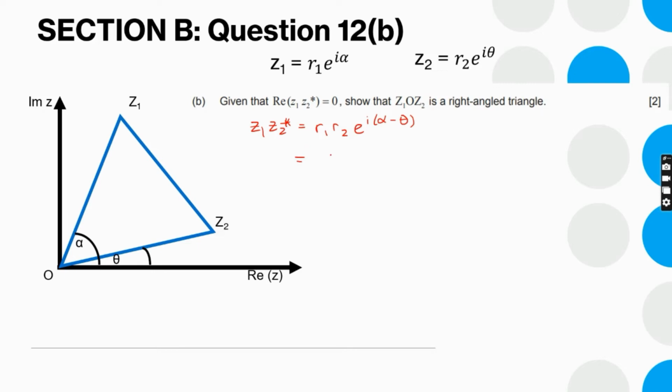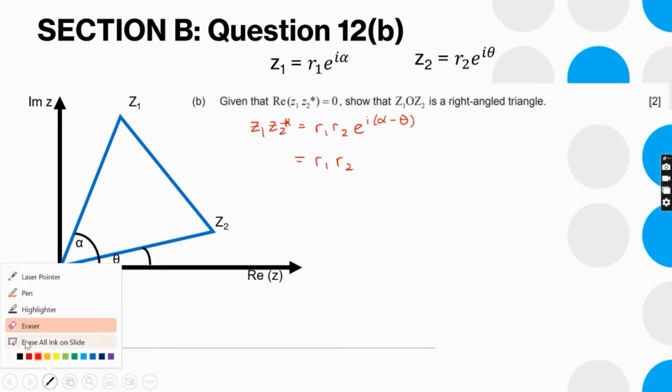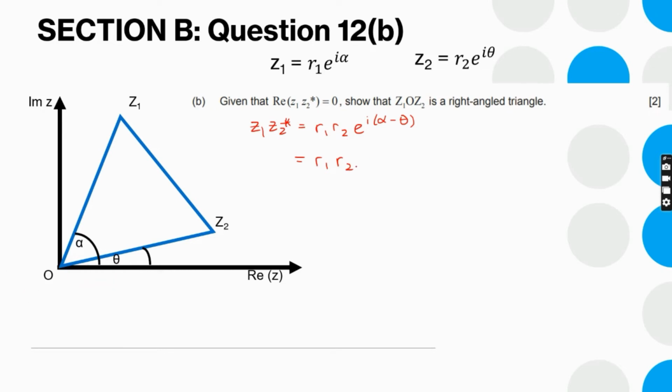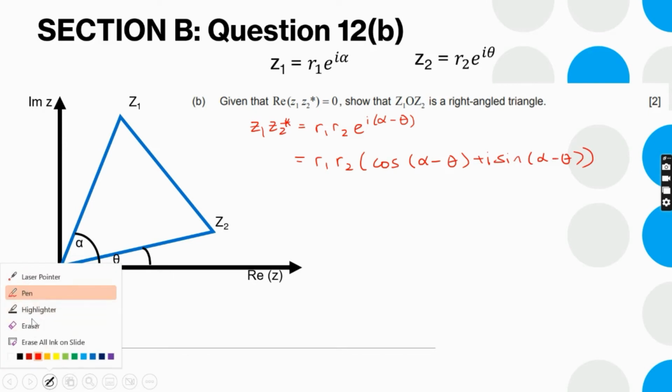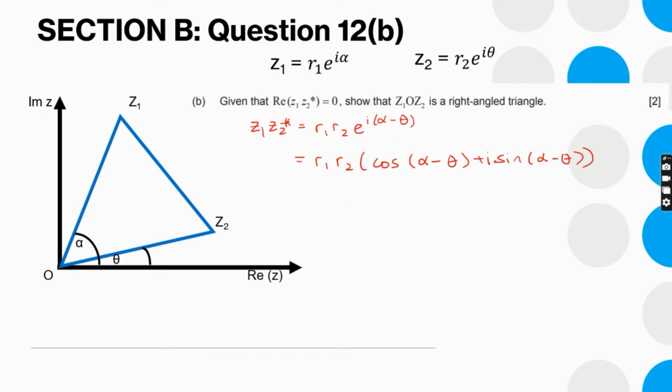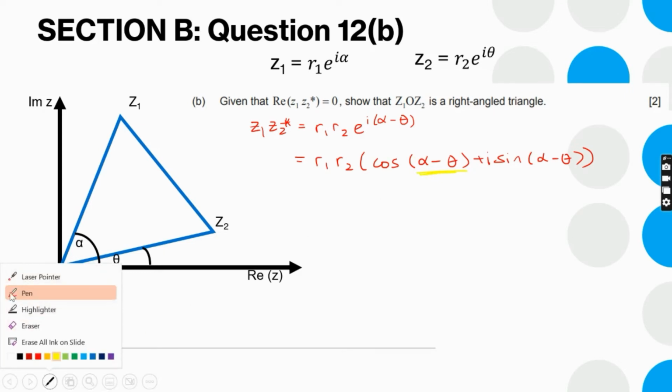So I'm going to write this in modulus argument form. The real part of this expression is actually just the cosine portion, which is here. So I'm going to extract it out and equate it to 0.